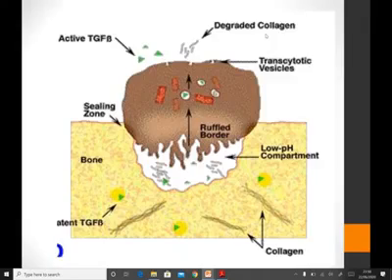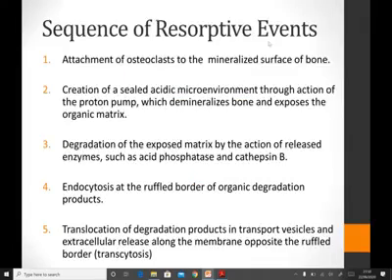We talked about their structure and how they resorb the bone surface. I briefly mentioned the sequence of resorptive events that occur as a result of the attachment of osteoclasts to the bone surface that they have to resorb.